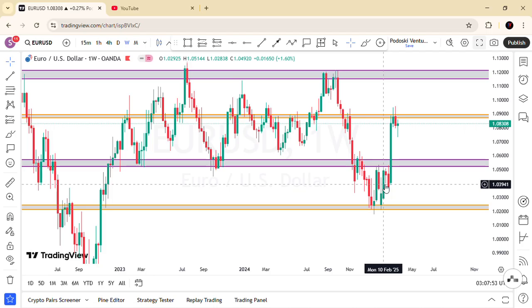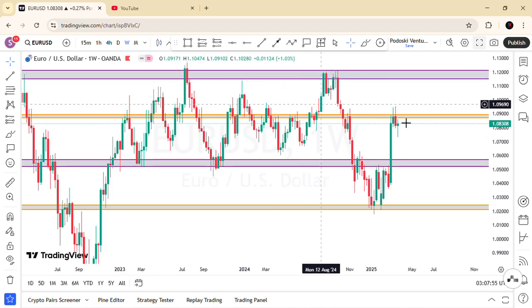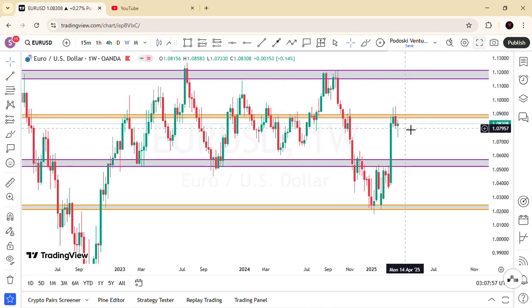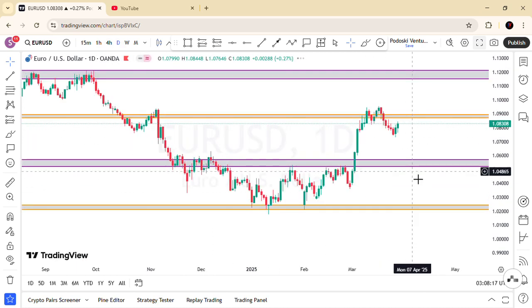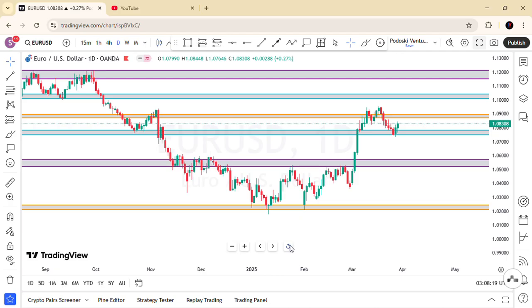Price is in an uptrend, but it has tapped into a weekly resistance, shows some rejection, and you see last week's candle also closing in a doji form, which is showing a possibility of a bullish market, but we don't know yet. So on the weekly time frame, this is how we could identify. Let's go to the daily and see how we can make use of all this.